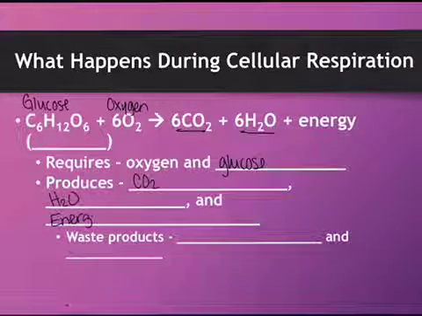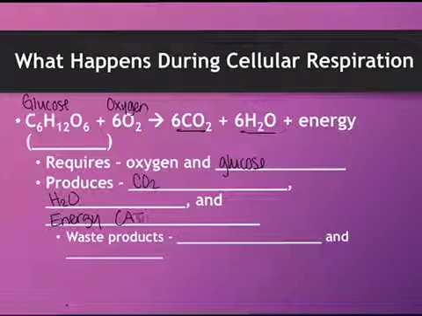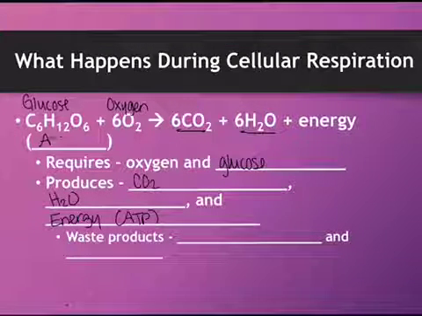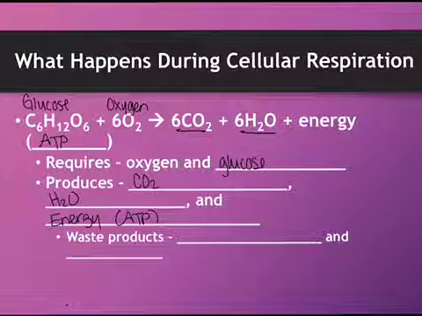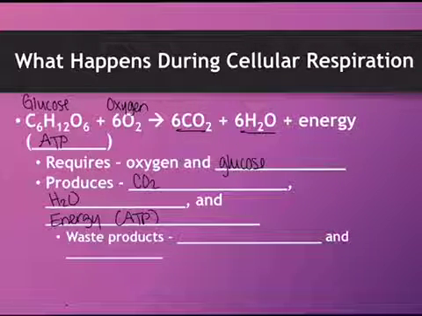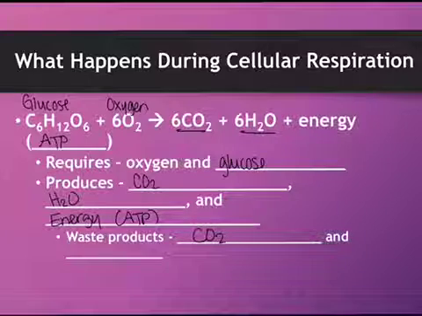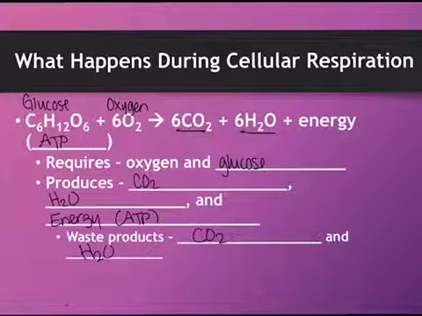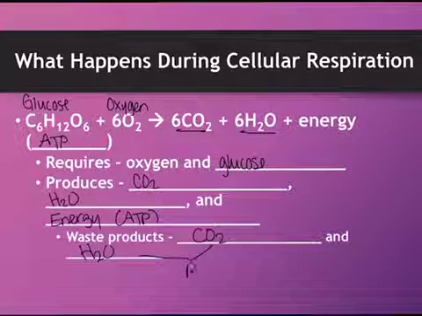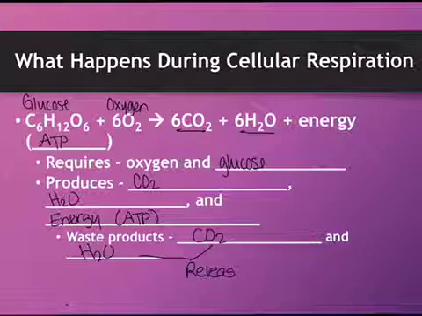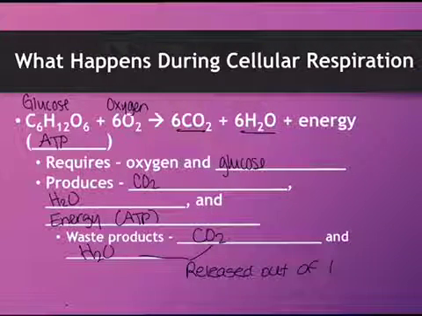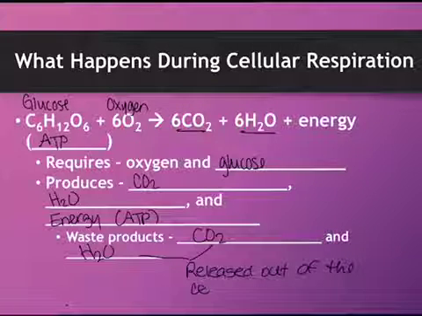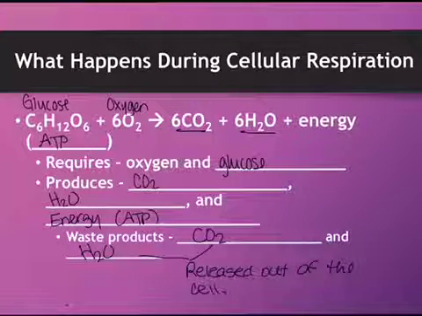It makes energy in the form of ATP. So the waste products here are carbon dioxide and water. That means these two get released out of the cell. They're not needed to perform any functions.